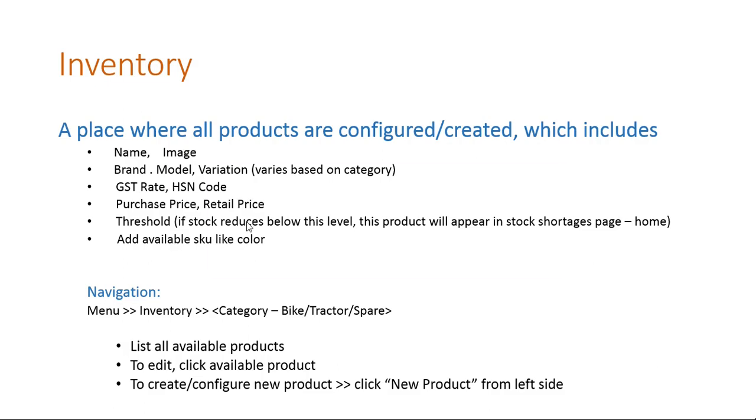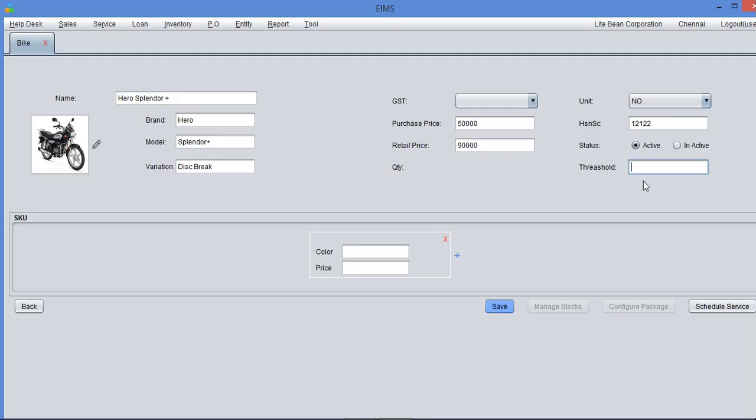And the next is the threshold. The threshold is the actual number. If the stock reduces below this level, the product will appear in the stock shortages page. So whatever number we provide, if the quantity of this product decreases below 2, you will get a notification here.